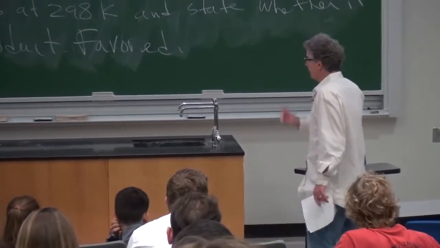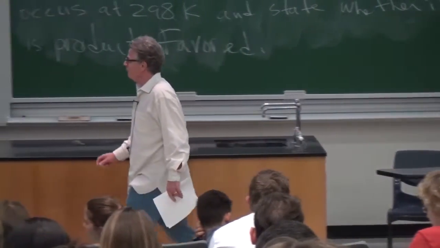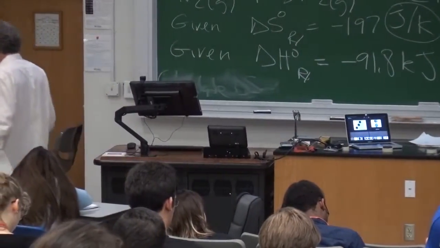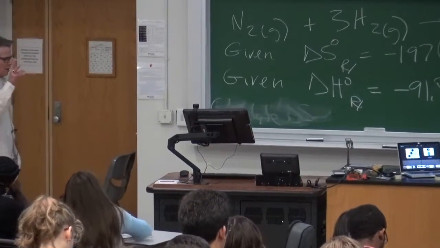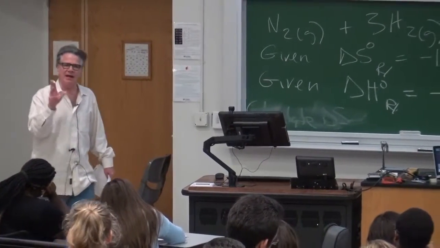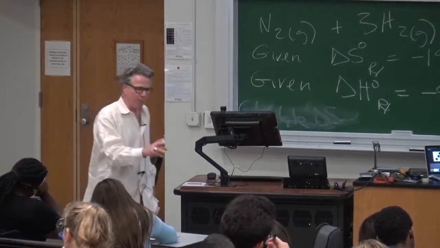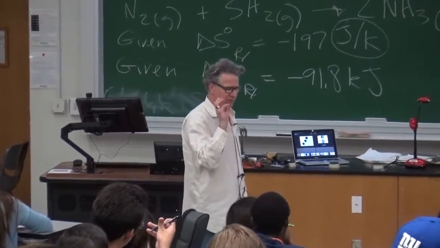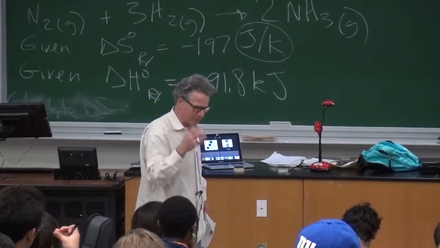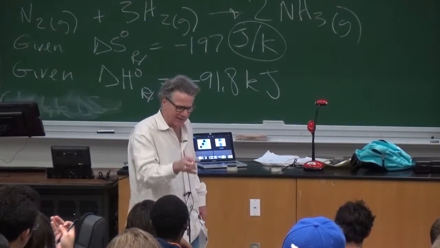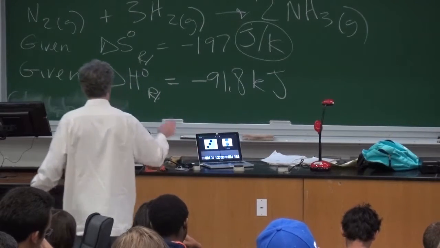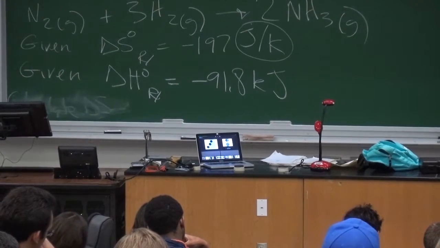Okay, now, very interesting set of numbers here. We said a positive delta S can help make a reaction product favored. Very important concept to get. A positive delta S can help make a reaction product favored.